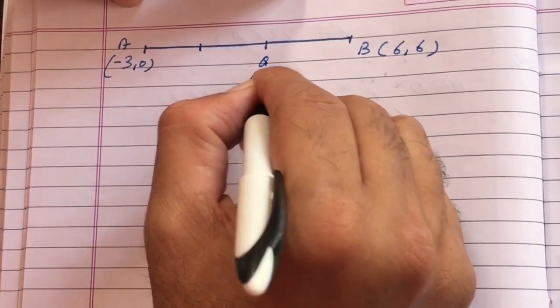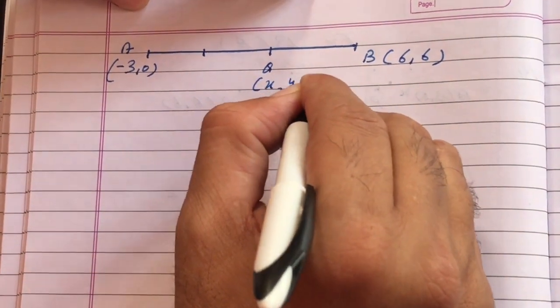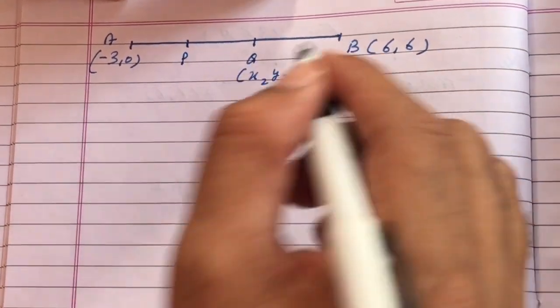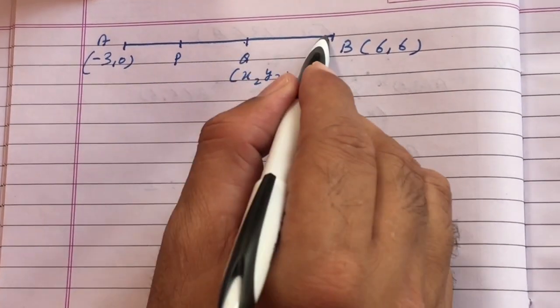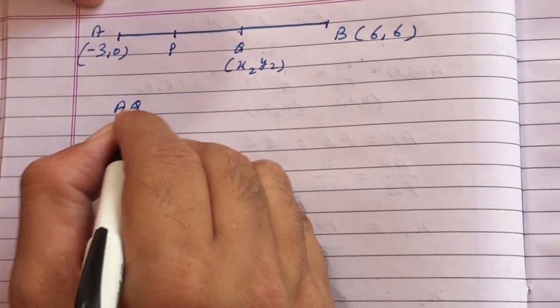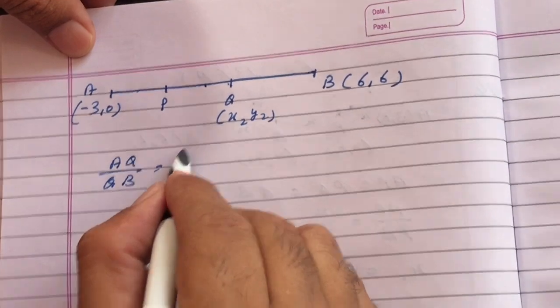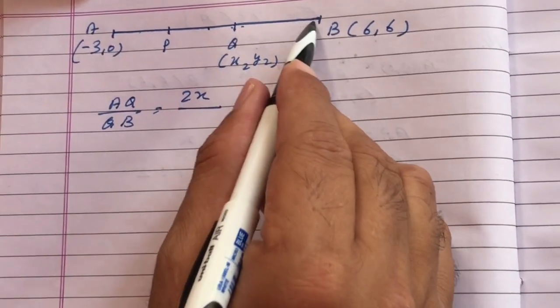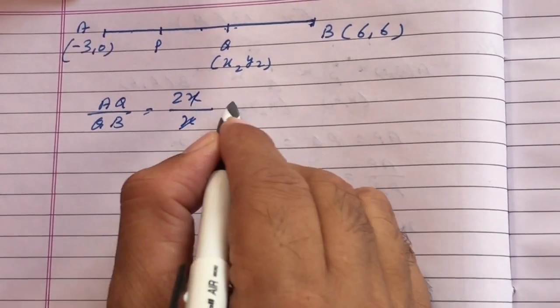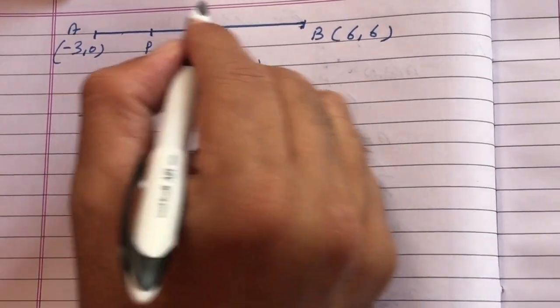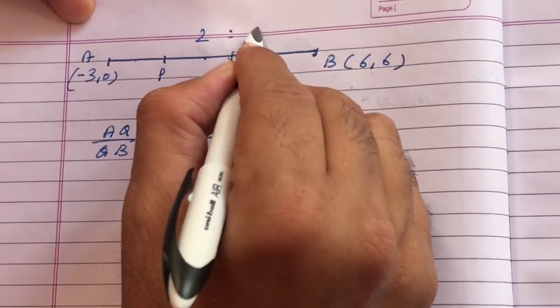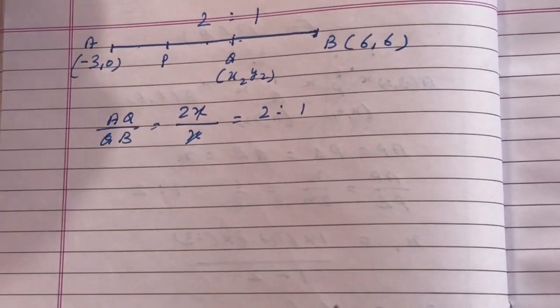Now Q is x2, y2. P I have found. Now AQ to QB: it is 2 parts this side, 2x, and 1 part this side. So for Q, this ratio is 2:1.